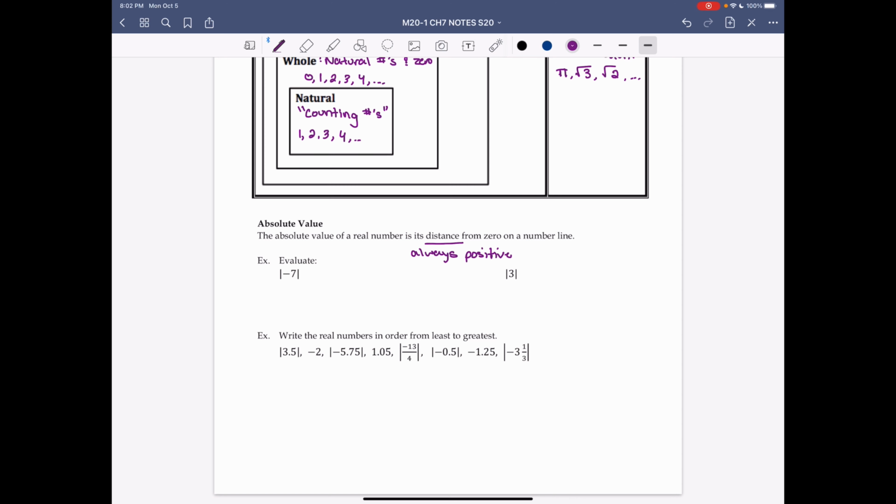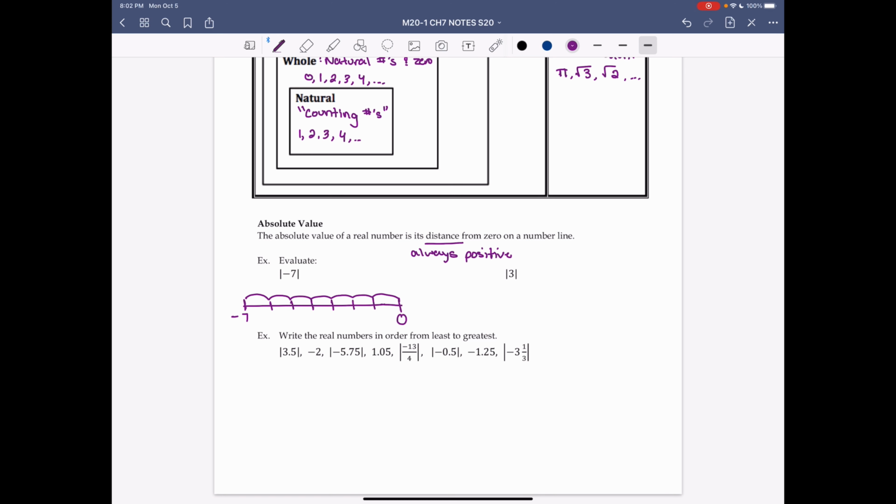If we look at some examples, the absolute value of negative 7, let's draw a number line: negative 7, negative 6, negative 5, negative 4, negative 3, negative 2, negative 1, and 0. To determine the absolute value of negative 7, we just count how many steps we are away from 0.